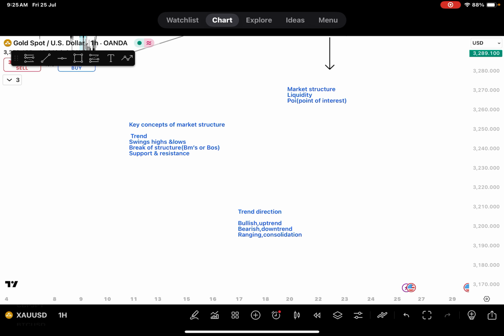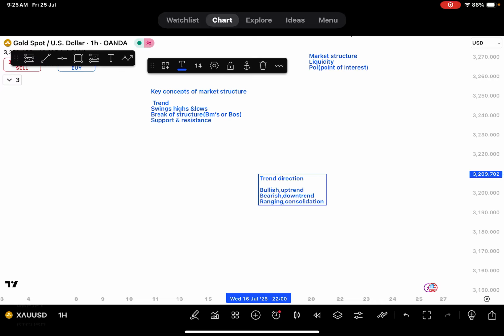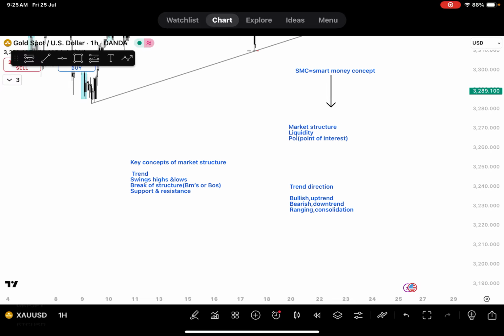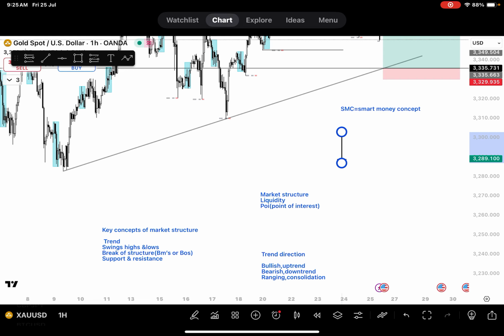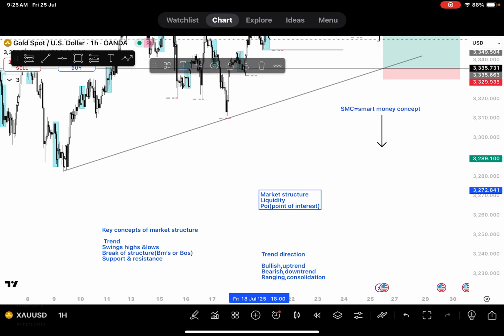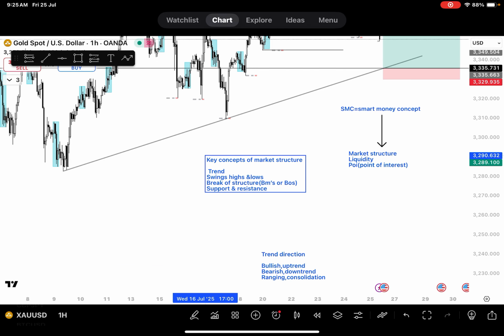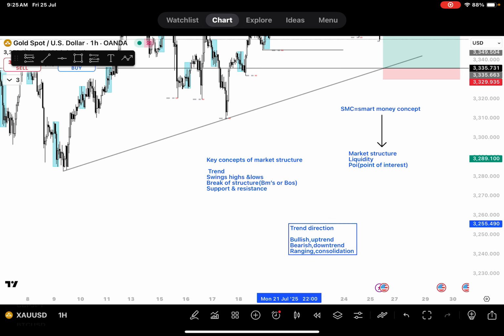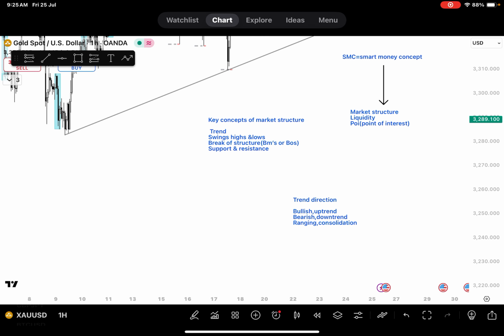Now, when we talk about the trend, we are talking about the direction of where the market actually moves to.